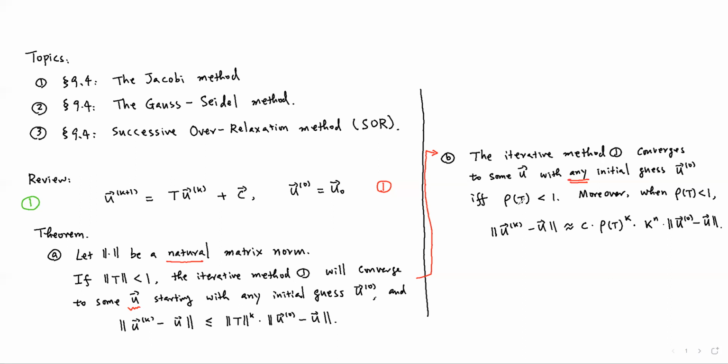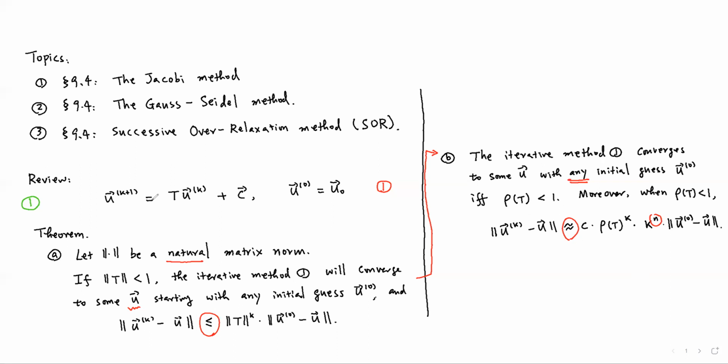Moreover, when the spectral radius is less than 1, then we have roughly this equation. Here, n is the size of matrix T, and k is the iteration number. It can go to infinity. So part B, the result, is stronger than this.